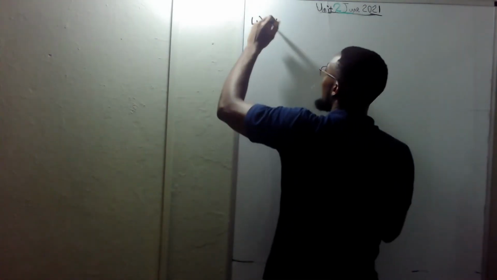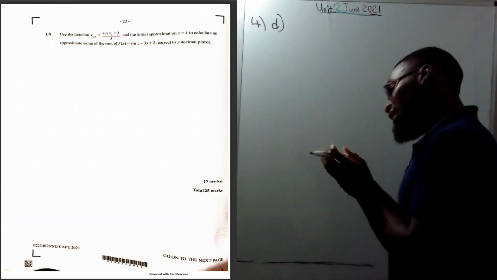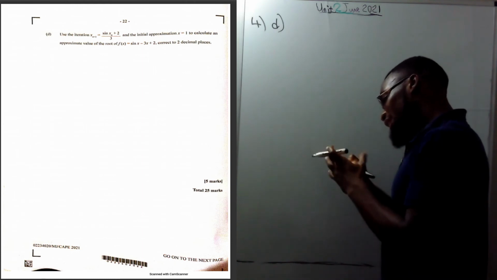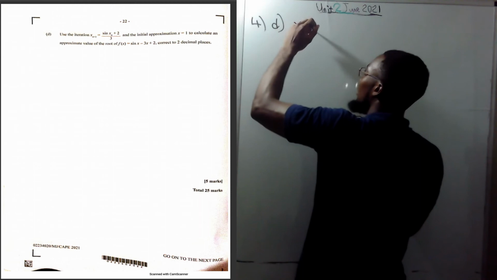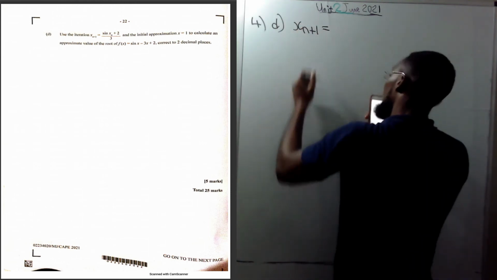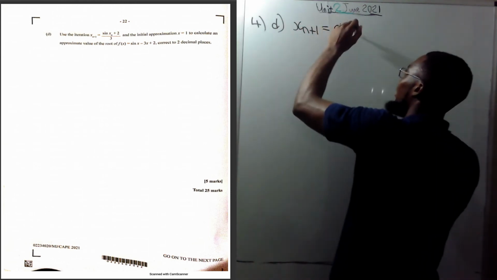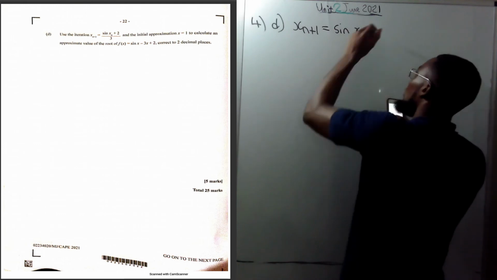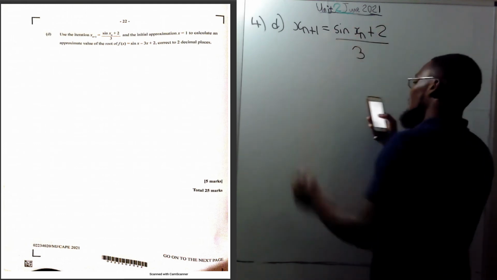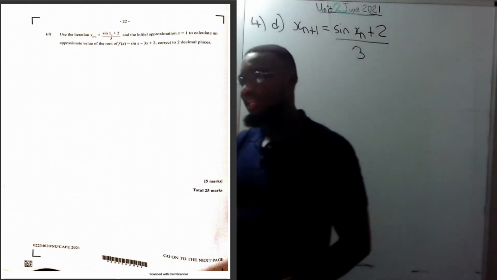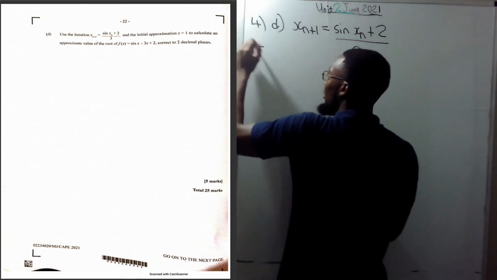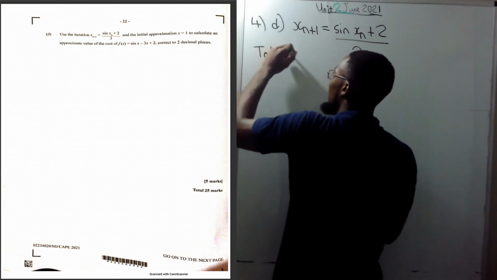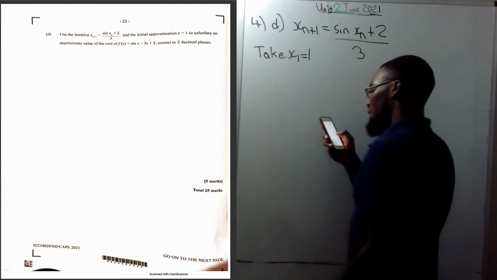Alright, part D. Part D says that we use the iteration x n plus 1 is equal to the sine of x n plus 2 over 3. And what we are supposed to do is take the first approximation, so take x1 to be equal to 1.